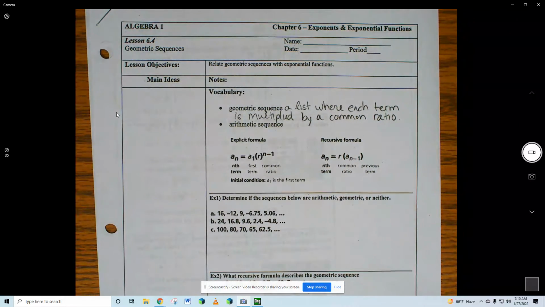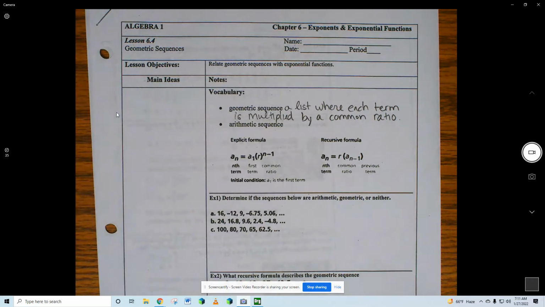So, like every number, I multiply by 2, I multiply by 2, I multiply by 2. And so that would be the common ratio. The common ratio, as you'll recall, is the base of the exponent in exponential functions. That was the common ratio in our lessons previously.